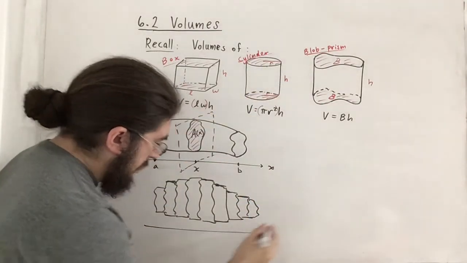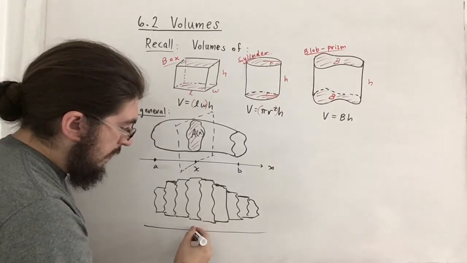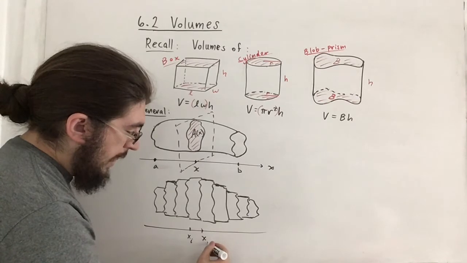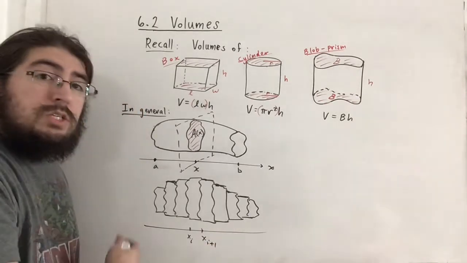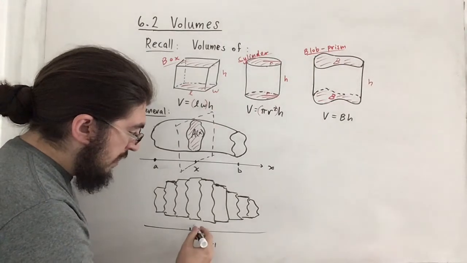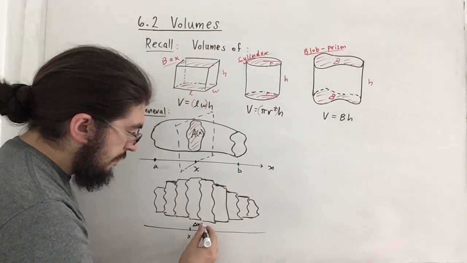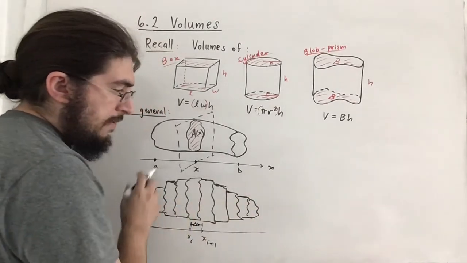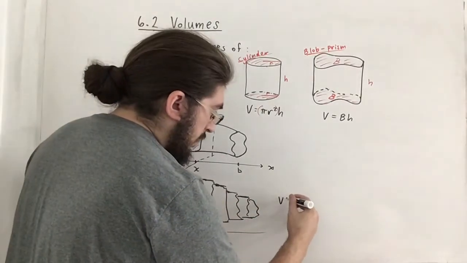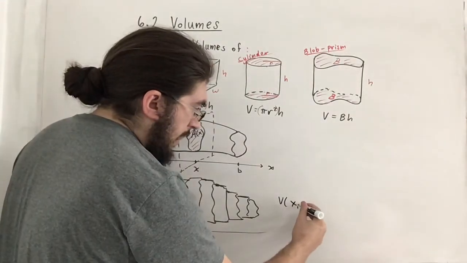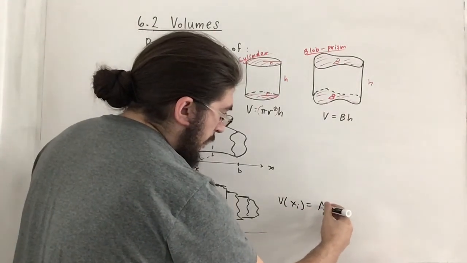So again, if you consider, let's say, one of them, let's say you call this point xi and this point xi plus 1, and we'll just use our labeling that we had from Riemann sums. And of course, the width here will be delta x. Then the volume of each of them, corresponding to, let's say, xi, will be the area of xi.